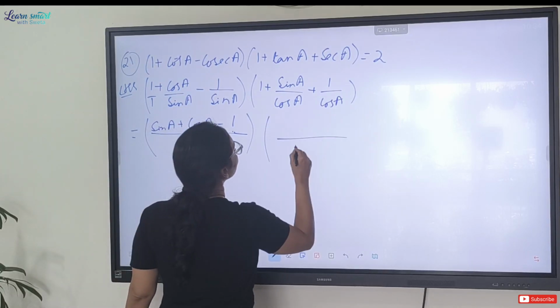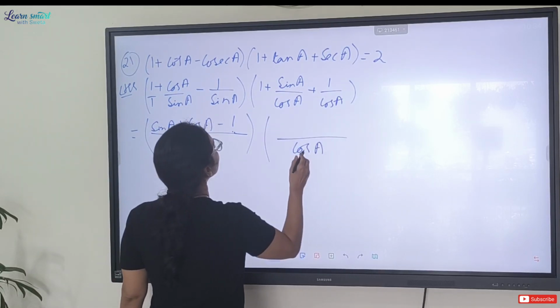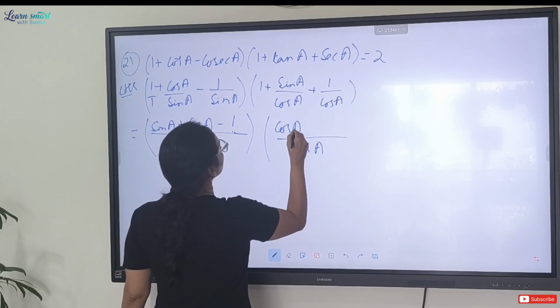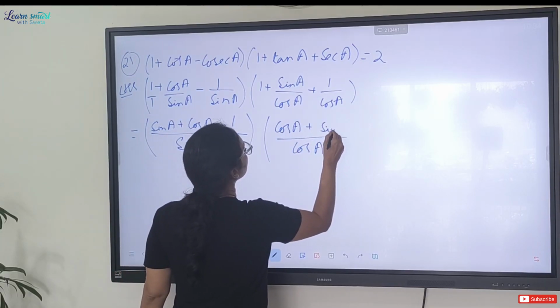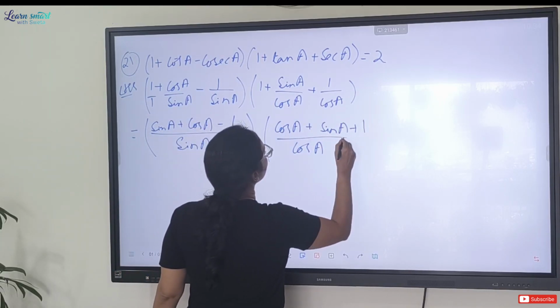Here also we'll take LCM. So we will get cos A plus sin A plus 1.